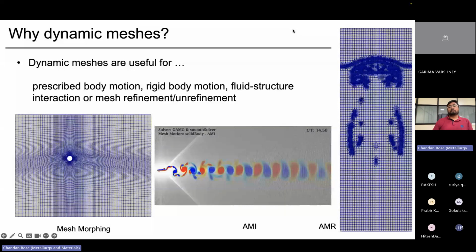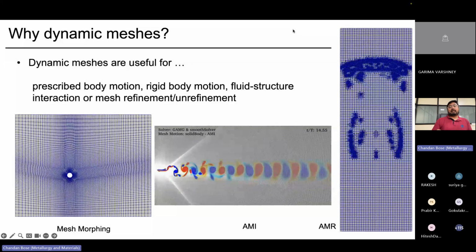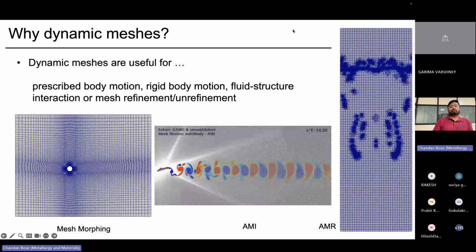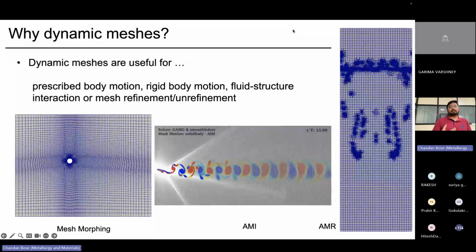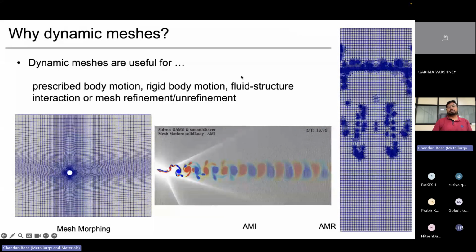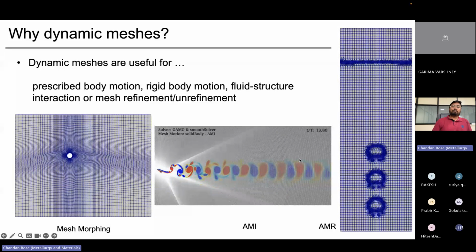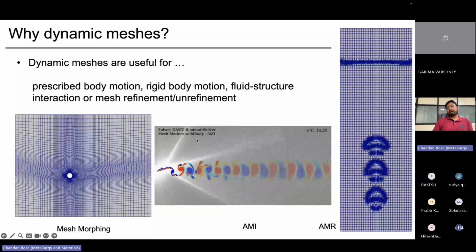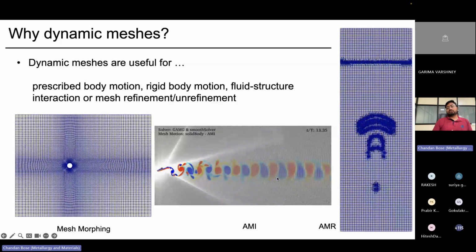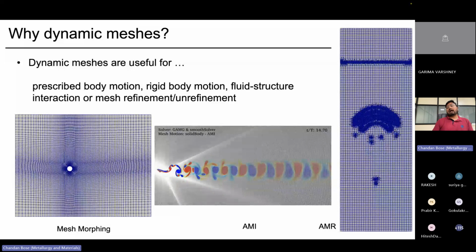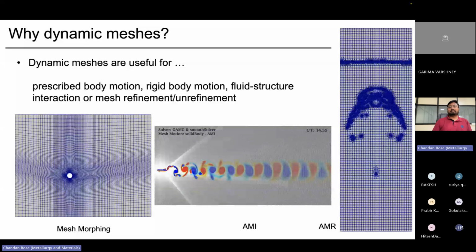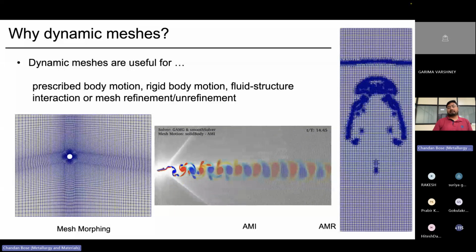All right. So in the picture, you see three animations. The first animation, as I said, is representative of the mesh morphing, where our mesh is deforming due to the body motion. The second example is a sliding mesh, where you can see that the inner component of the mesh, which is a circular component, is sliding over the outer static component, and the interface between these two mesh regions is called the arbitrary mesh interface.